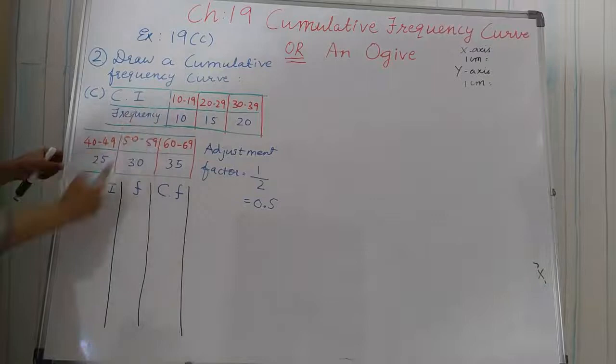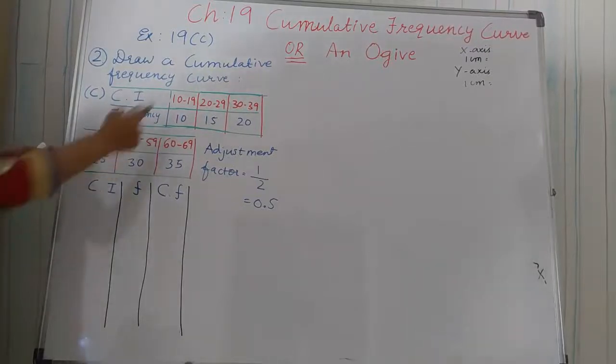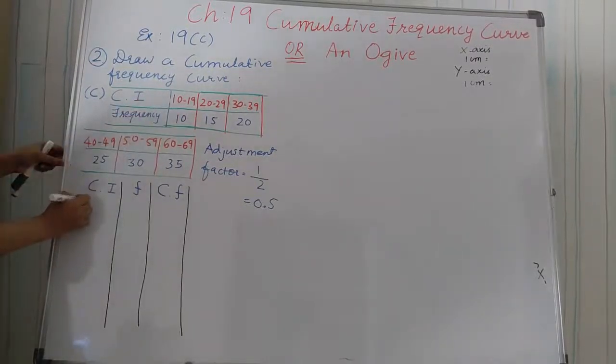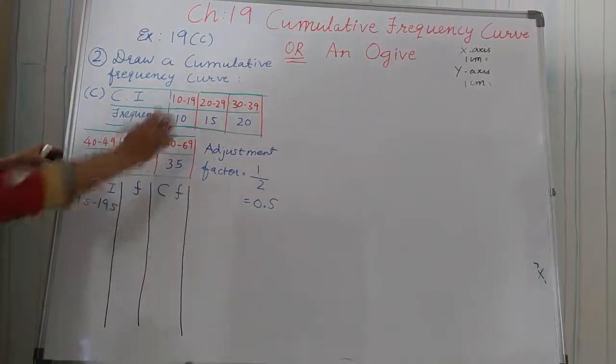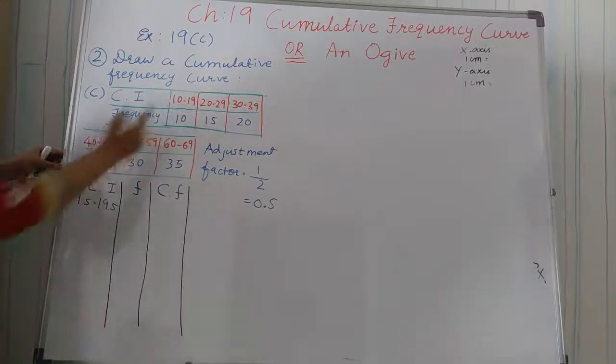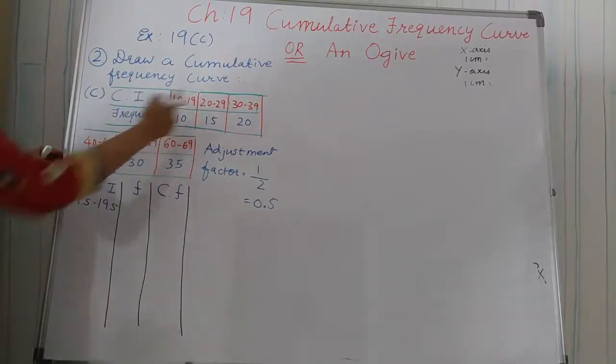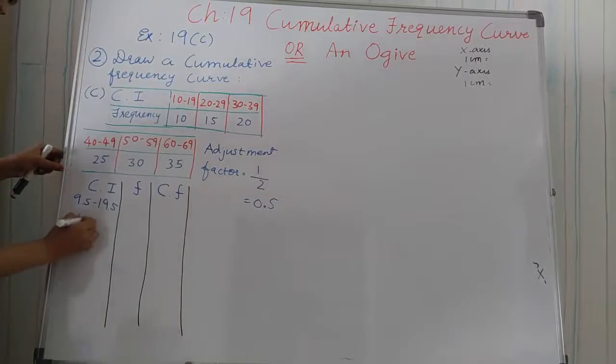I am writing here how it changed. I am writing the first class as 9.5 to 19.5 by taking this adjustment factor. Then the second class, minus 0.5 from 20, so 19.5 to 29.5.